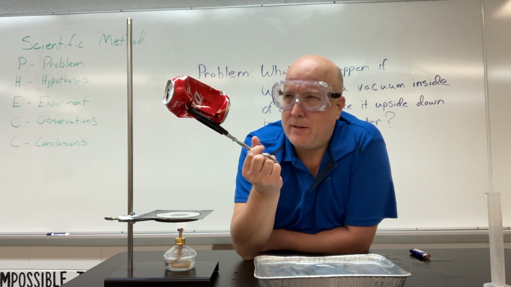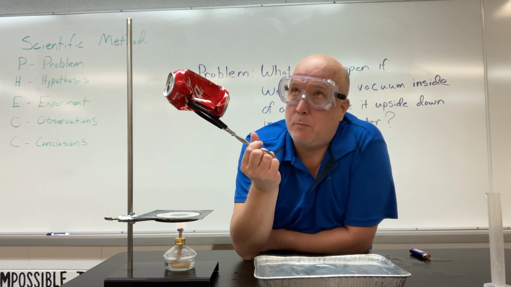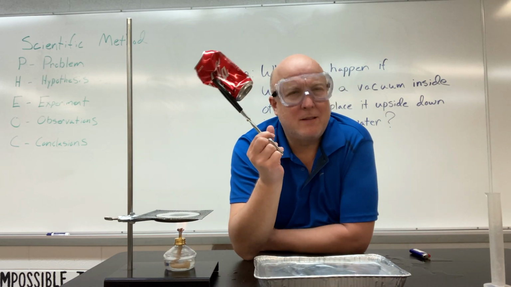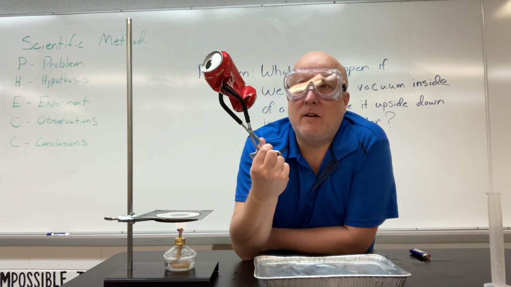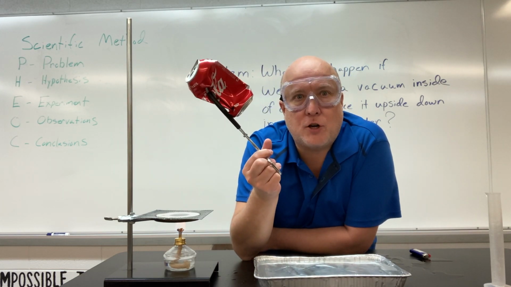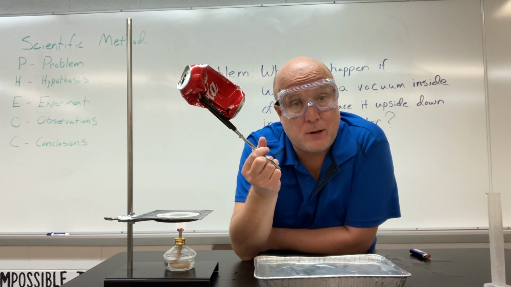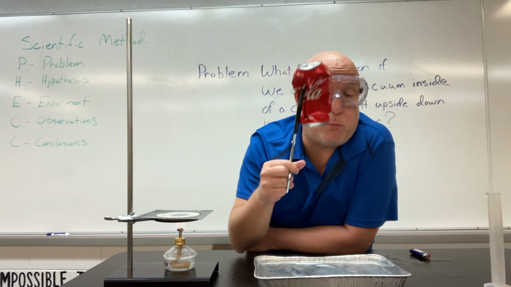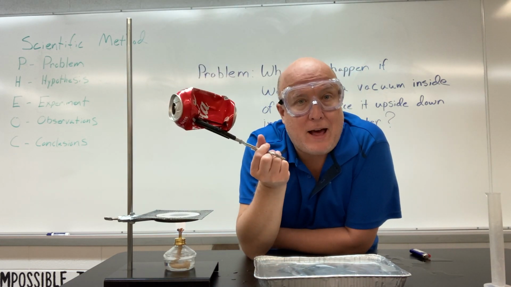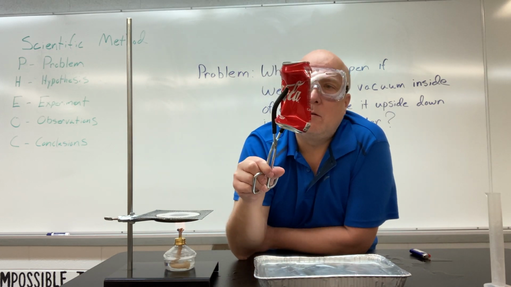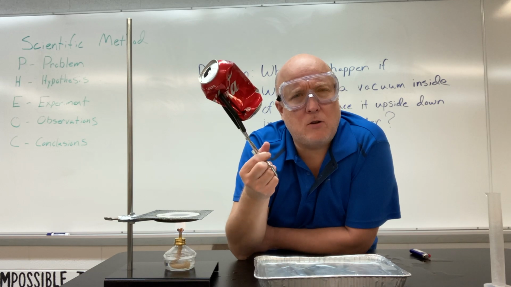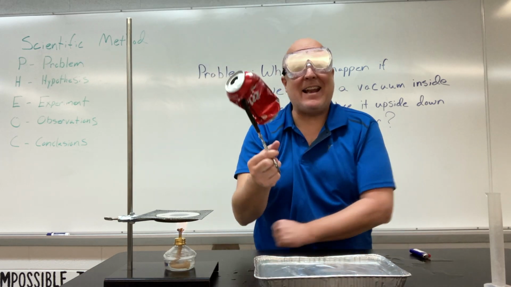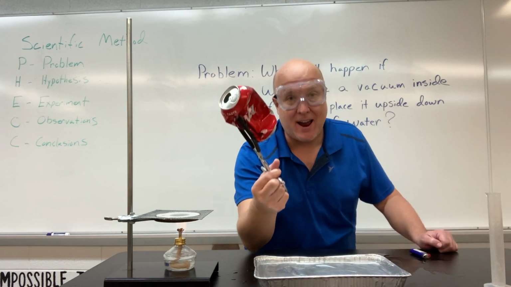If memory serves me right, I think it's 124 feet above sea level, but I'm not sure about those numbers. That would be something to look into. But at sea level, atmospheric air has a lot of pressure. Our bodies are just acclimated to it. So the atmosphere is pushing on us and our bodies are pushing back. But this Coca-Cola can couldn't push back because it had a vacuum on the inside of it.